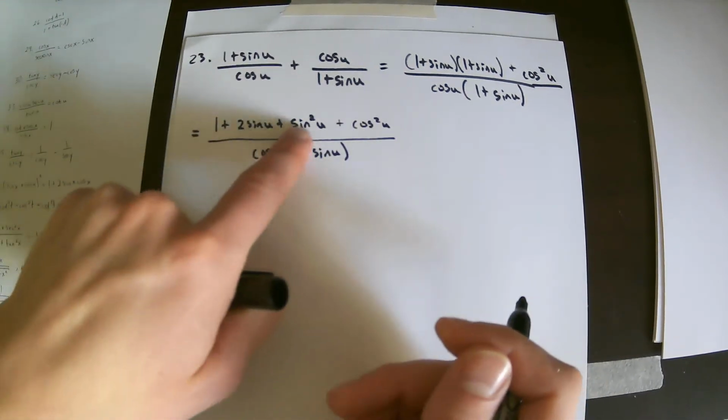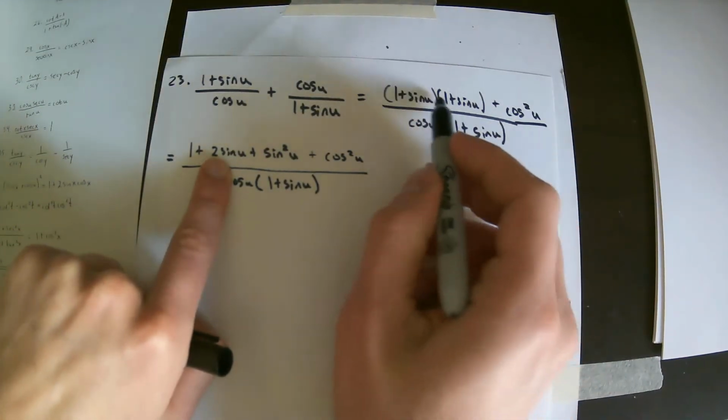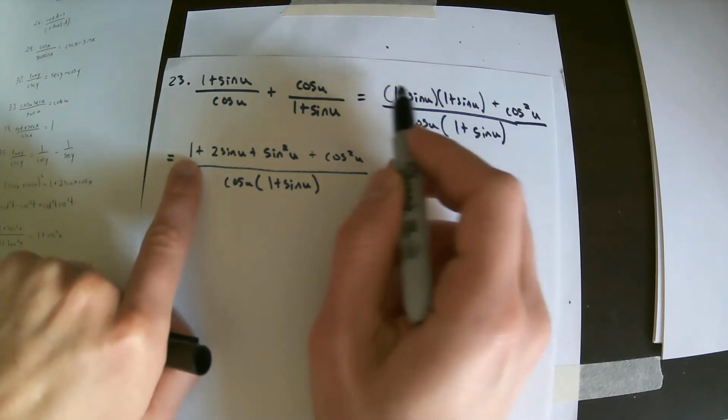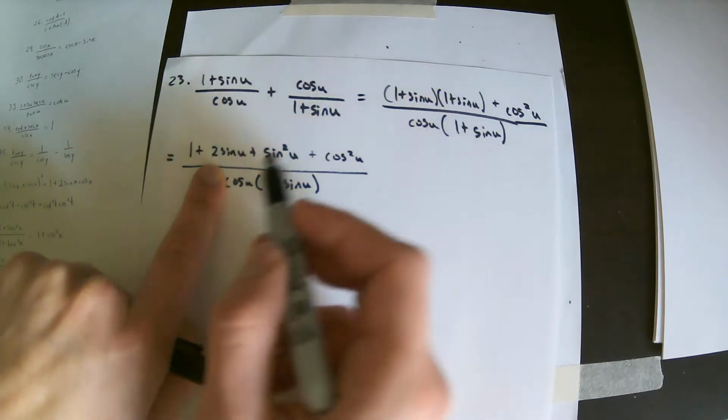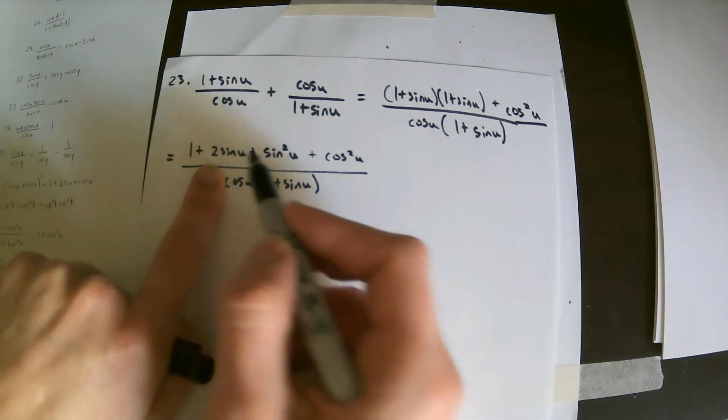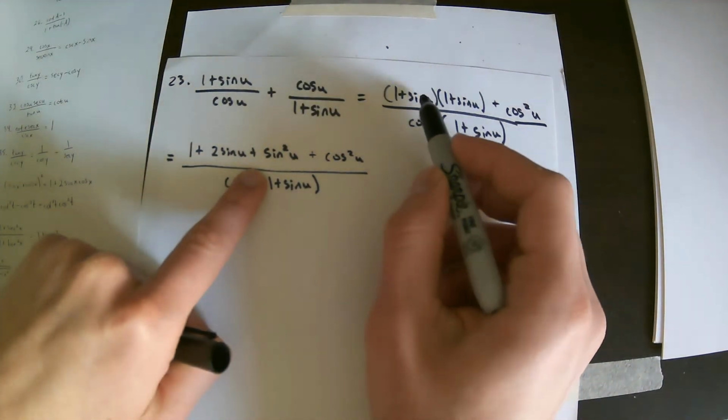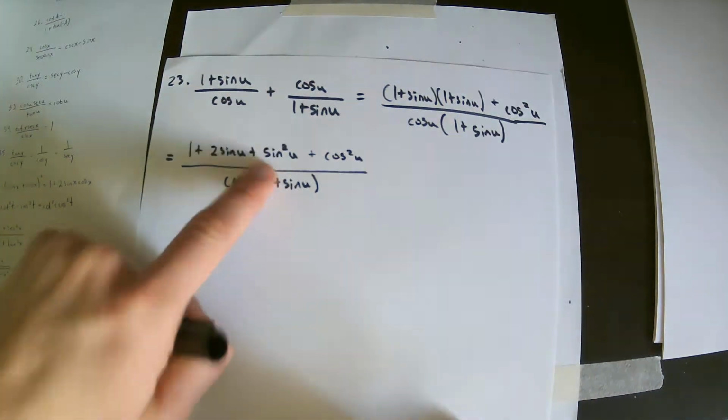So I got this from foiling out, from distributing: 1 times 1 is 1, 1 times sine is sine, sine times 1 is another sine, that's why I have 2 sine u, and then the last term being sine times sine, which is sine squared.